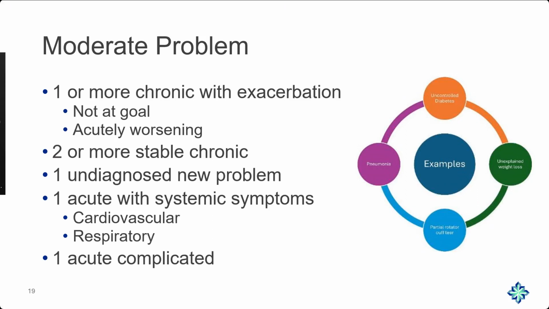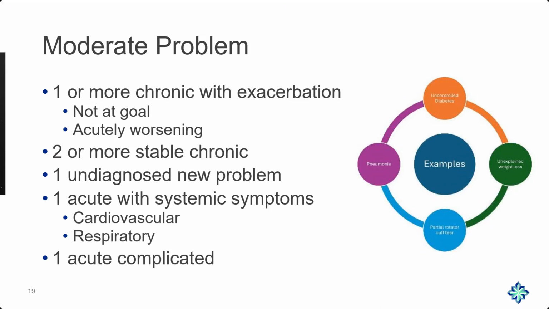Next is going to be acute complicated injury. This is something that is going to generally require evaluation of body systems that are not directly part of that injury. So maybe there's a broken bone, but we have to evaluate other symptoms.